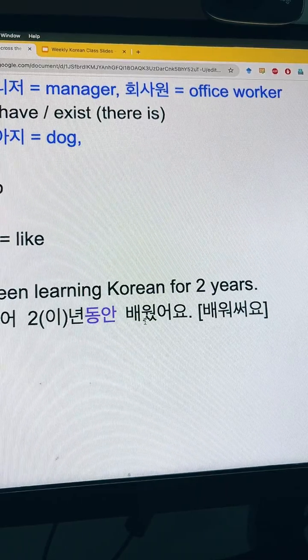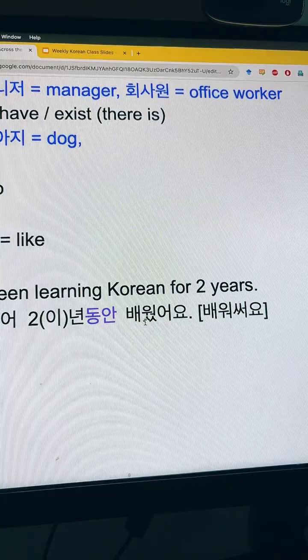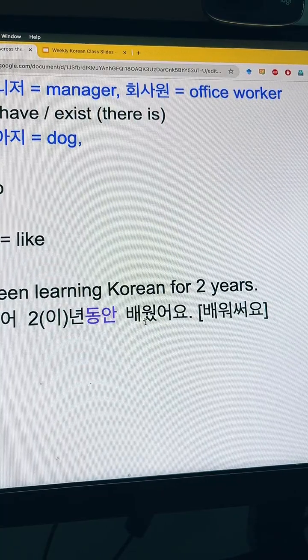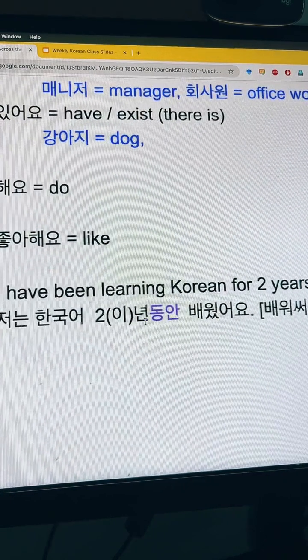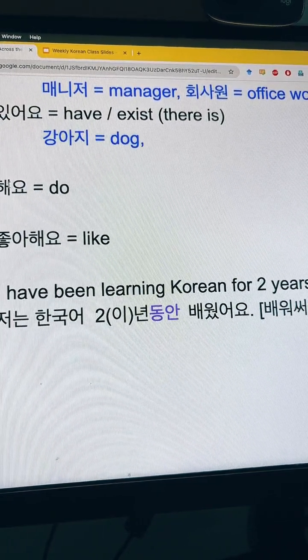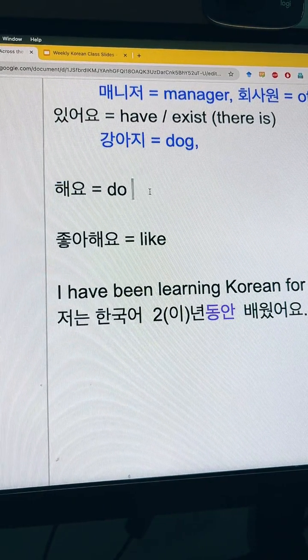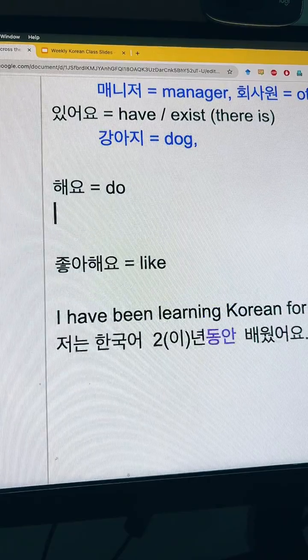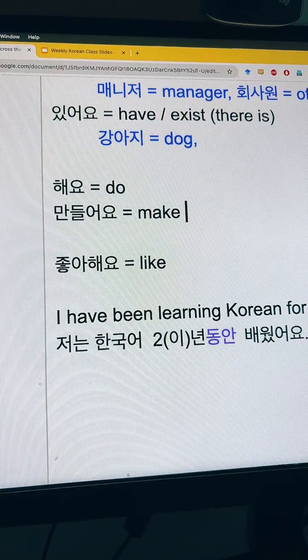What else? Okay. Andre, is there 2 different verbs like in English for to do versus to make? Yeah, of course. What do you mean? To do is 해요, and to make is different. 만들어요. Make.